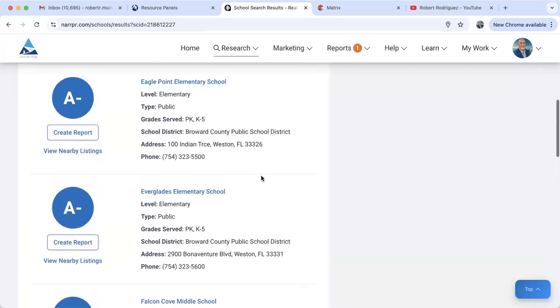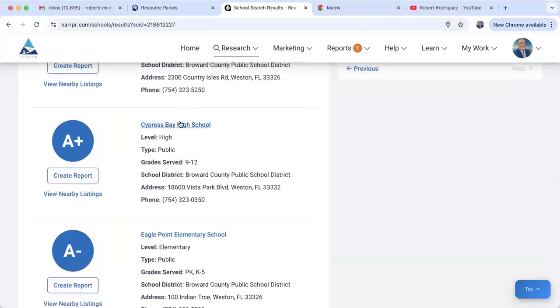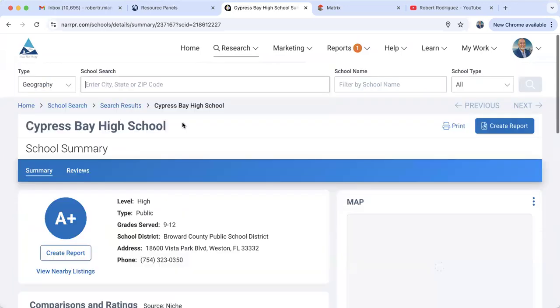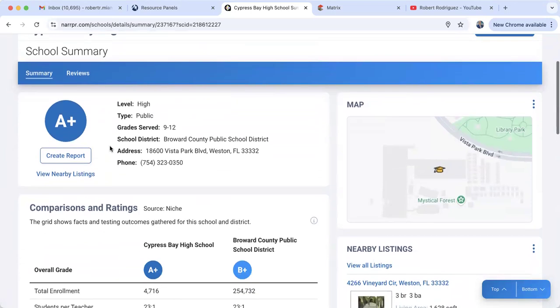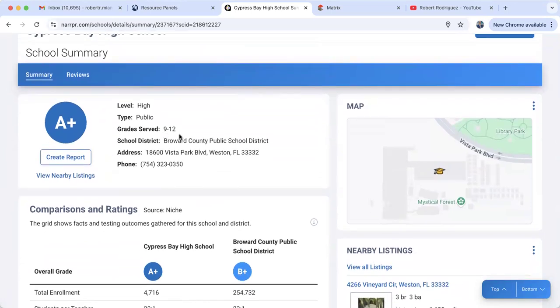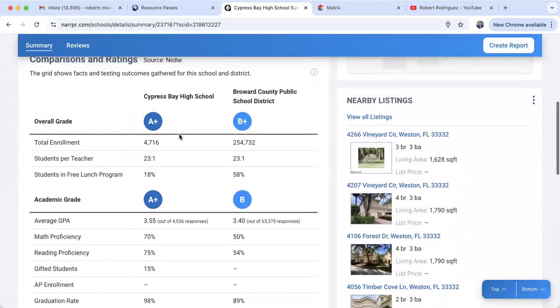Now, if the school of choice is, let's say, Cypress Bay High School, right? We're going to go ahead and click on Cypress Bay High School. This is indeed an A+ school. It's a high school, 9th through 12th grade. And you have here your school grades.